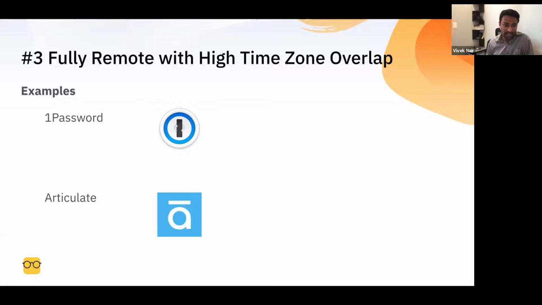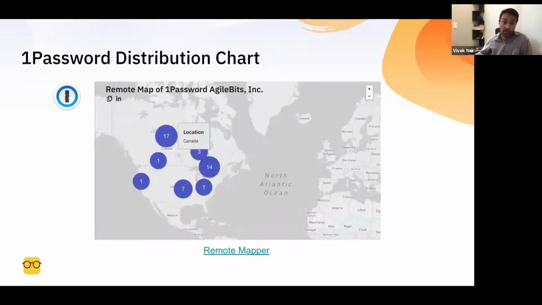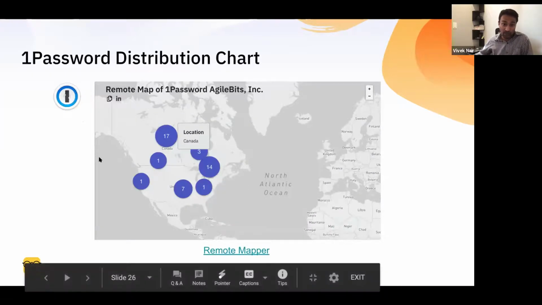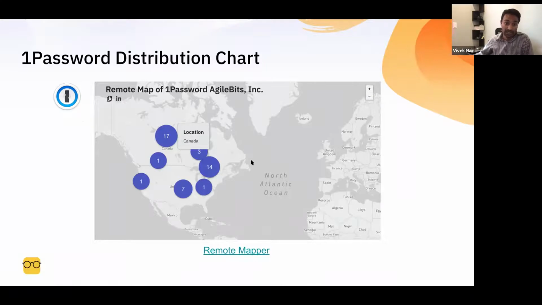And some classic examples of fully distributed companies with a high degree of time zone overlap are 1Password and Articulate. Granted, they also have people who exist outside of those time zones. I'm mostly basing this on an application that we built called Remote Mapper, which looks at the geographical distribution of different teams across the globe.